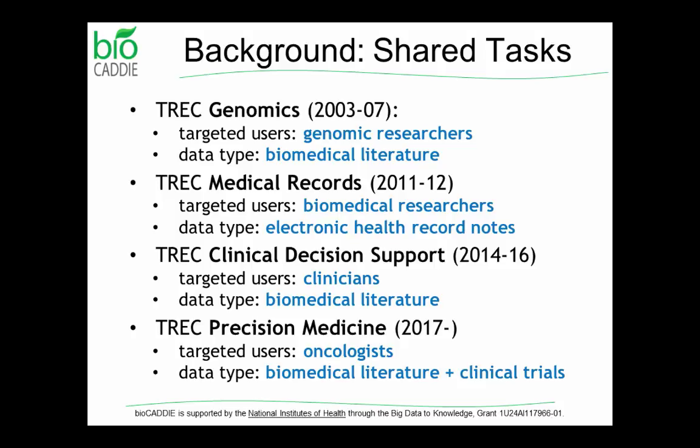The clinical decision support track then brought the target from researchers to clinicians to try to get clinicians to better use biomedical literature. And then this year, the first case of the precision medicine track, which I run, just completed a couple days ago, and that's an instance of clinical decision support, but specifically targeting this one use case of precision medicine to get oncologists better access to biomedical literature for cancer patients, and getting them access to clinical trials.